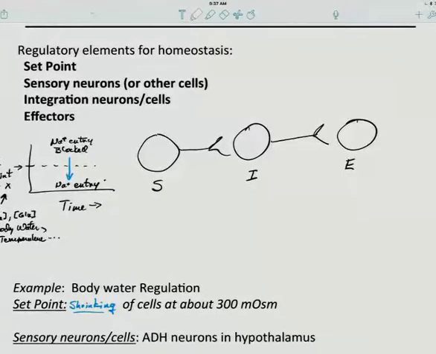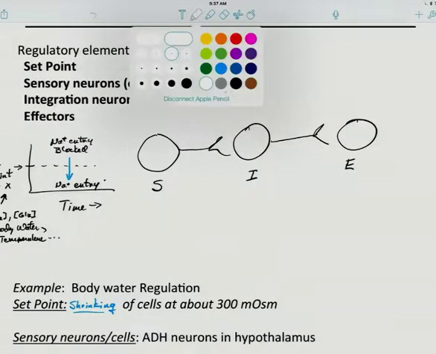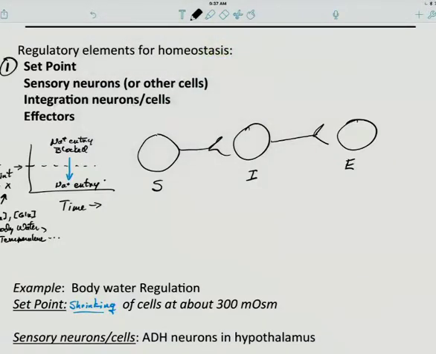And for all of these things for homeostasis, we have a series of some set point. So I talked about set points for glucose, okay, and for calcium before. We have sensory neurons or other cells that detect that set point. Integration neurons or cells, which can be the same.